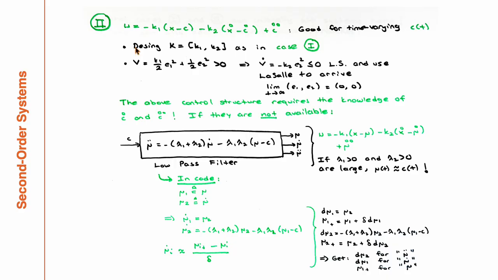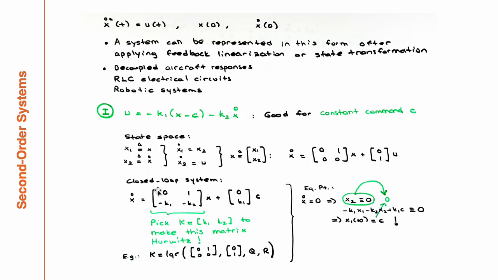So in this case, for control design, nothing will change. Design gain K as in case 1. Nothing will change from the stability point of view, because C dot and C dot dot are generally bounded commands. Once you choose K1 and K2, like we did before, for example using a linear quadratic regulator, you can also use pole placement here.